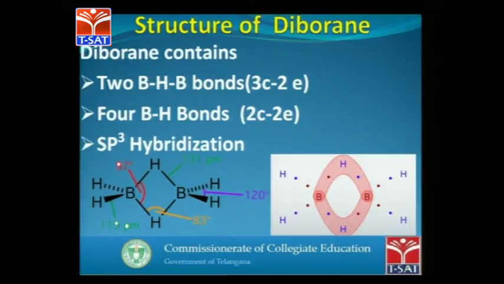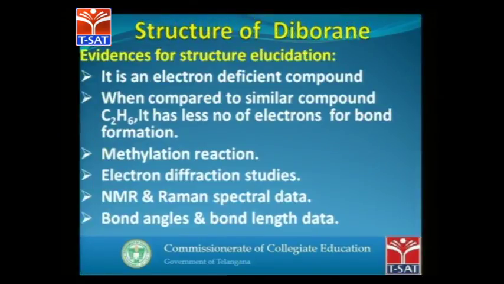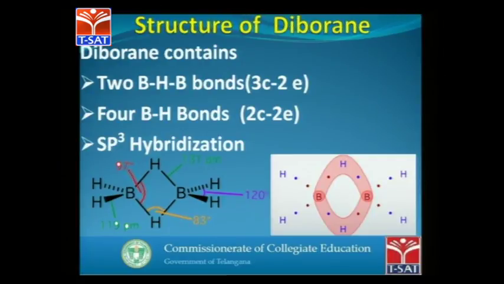So we cannot have a structure like ethane. Scientists proposed a bridged structure for diborane, where 2 sp3 hybrid orbitals of each boron atom normally form BH sigma bonds.